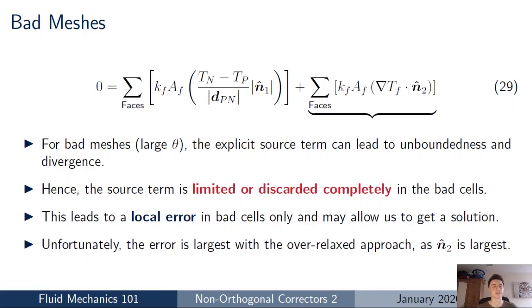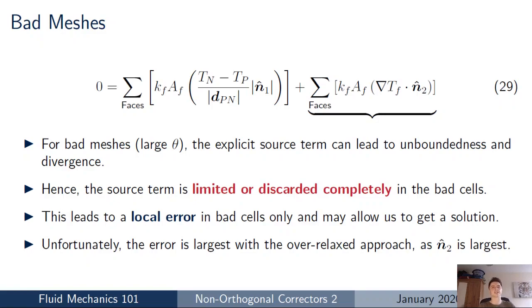Because if the CFD code diverges, then we get no solution at all, and that's not very good for the user. And thinking back to what we did before, because in the over-relaxed approach, that vector n2 is going to grow as theta increases, what we find is that when we limit or discard this non-orthogonal correction, we get the largest error of the three meshes.